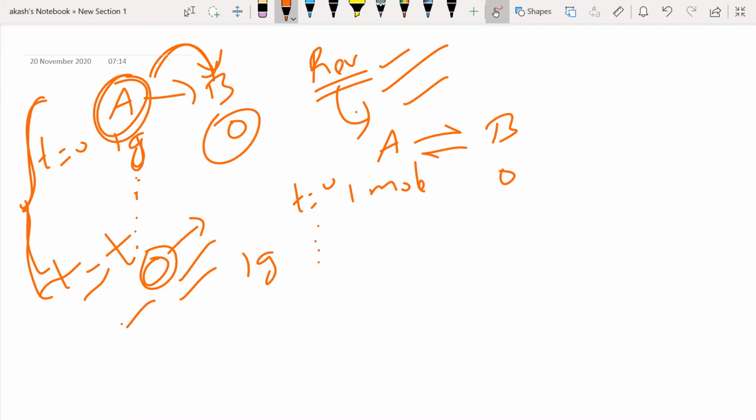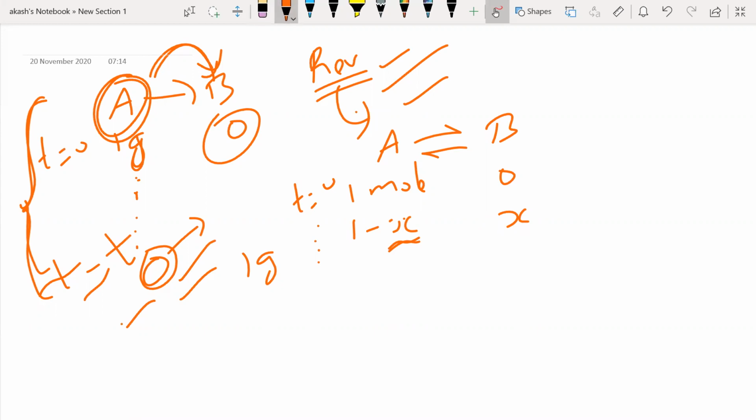Assume that at some point of time, some X moles of A would have reacted, and whatever has reacted here will come here, right? Obviously, it depends on stoichiometry. If it's like A giving 2B, then if X moles are reacting, I should get 2X moles. But here it's not like that, you don't have to worry. The stoichiometry is 1:1, right?